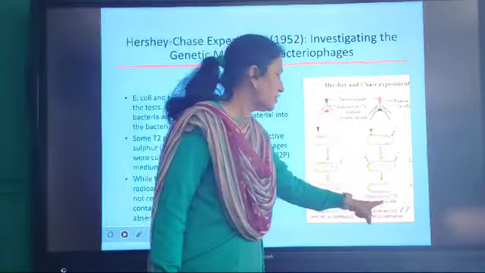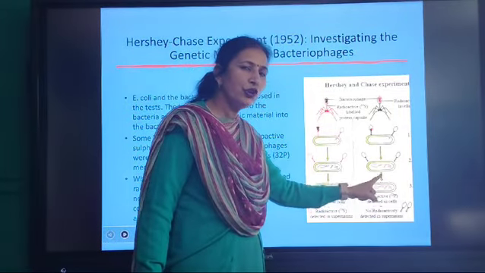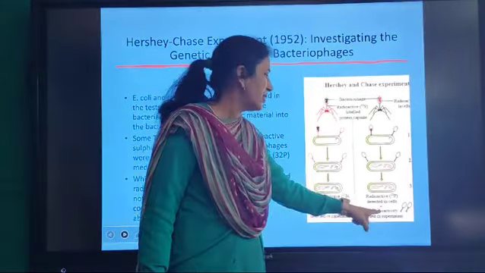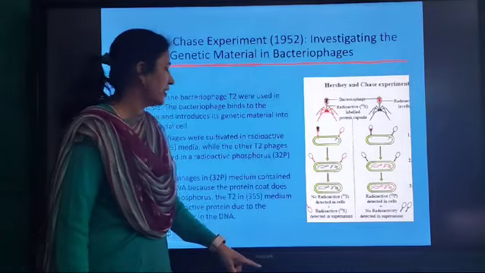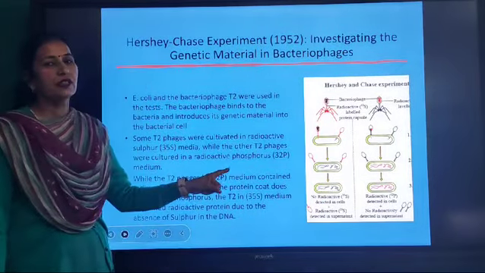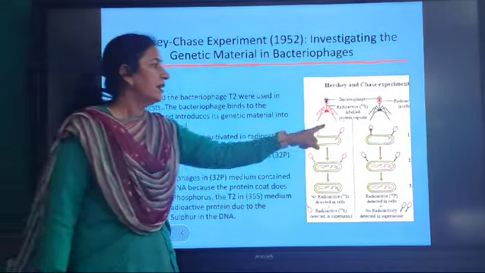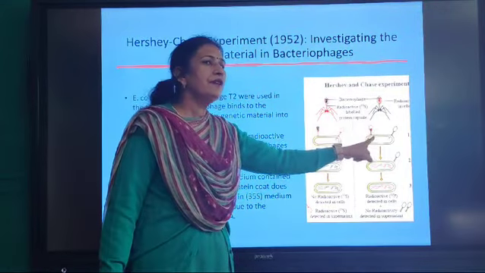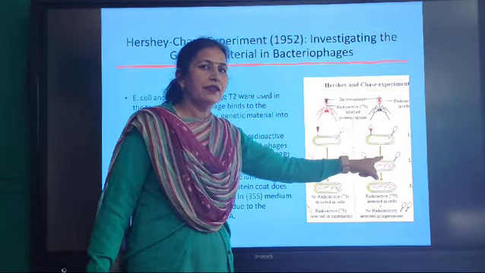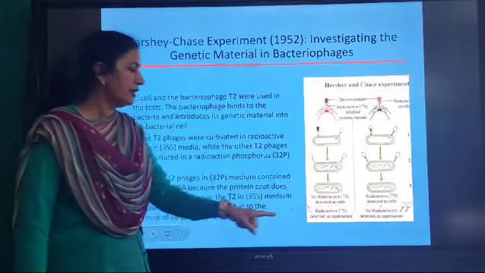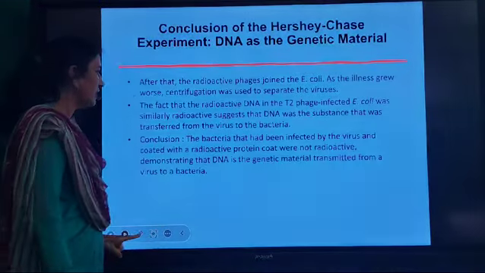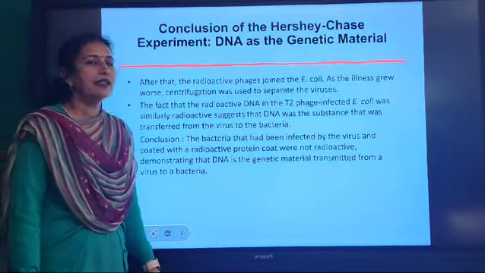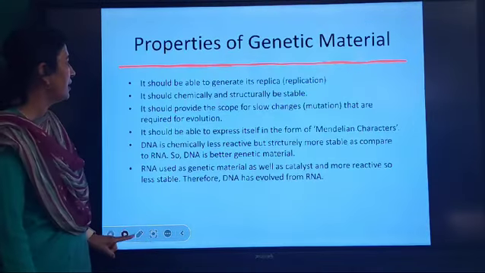And in the other case, they found radioactivity in the cells and no radioactivity in the supernatant. From this, they concluded that the sample in which DNA was present shows the radioactivity, and from this they showed that DNA is the genetic material.